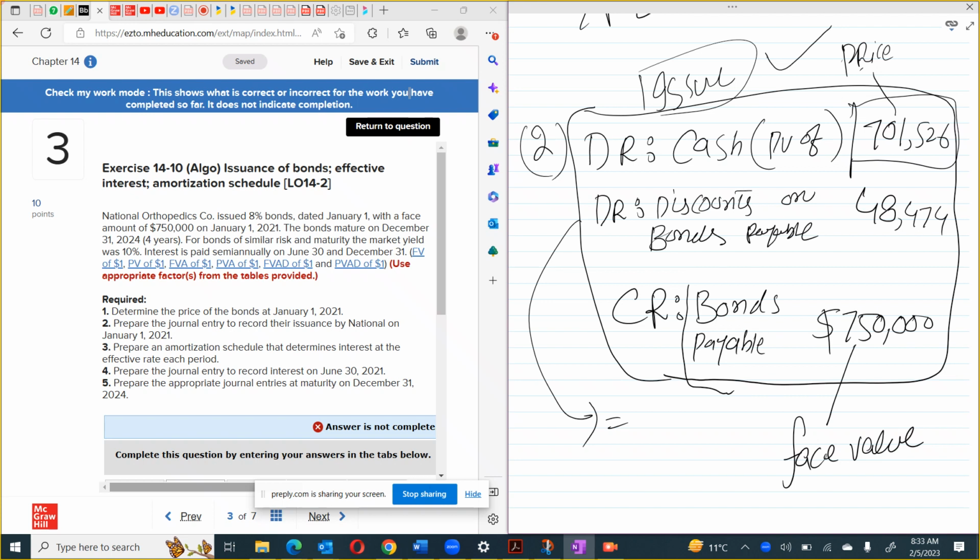The difference between these two is discounts on bonds payable. Now, what amount will you record on bonds payable? Face value. It's always face value.